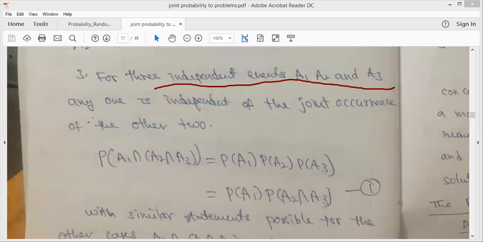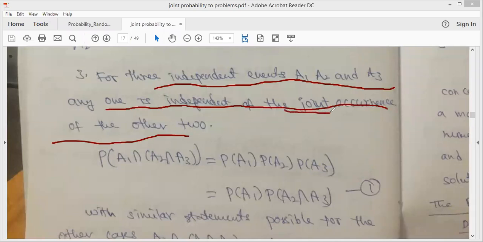Then any one of the events you are taking is independent of the joint occurrence of the other two. Joint occurrence is nothing but intersection. So A1 intersection A2 intersection A3. Since these events are independent, this can be written as probability of A1 into probability of A2 intersection A3.